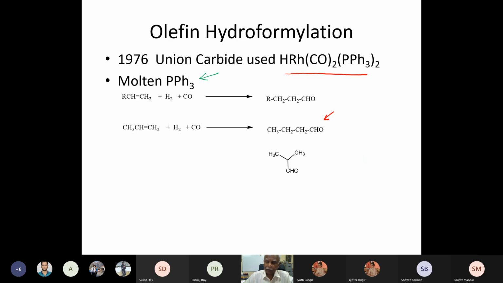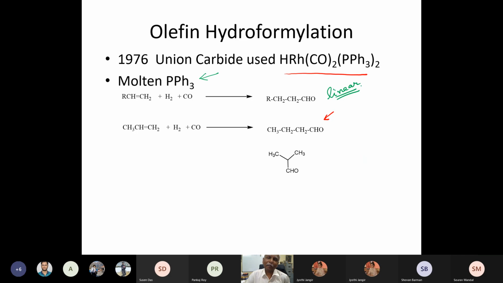Like I said, the important point is to generate linear aldehydes. These are preferred. As I told you, linear aldehydes can lead to linear alcohols, obviously, and linear alcohols are better as detergents than branched alcohols.